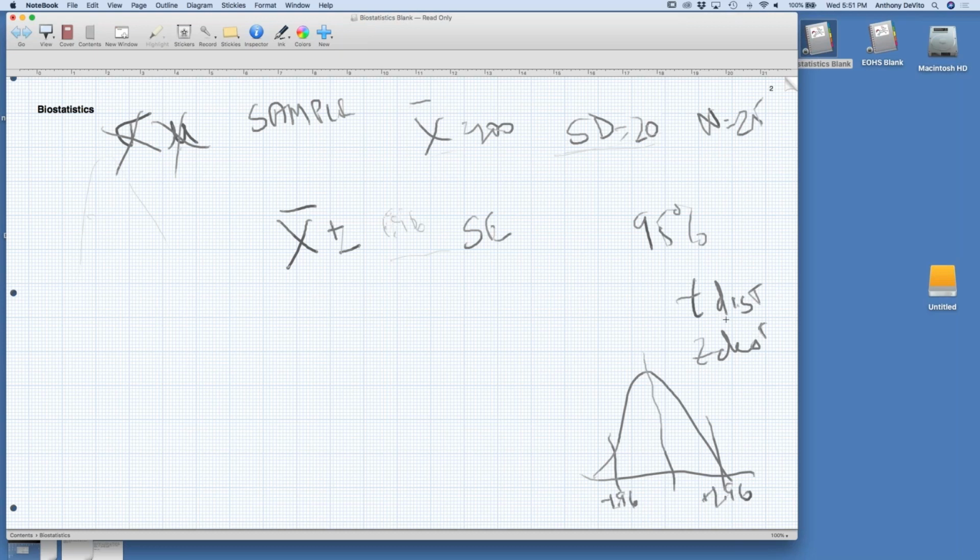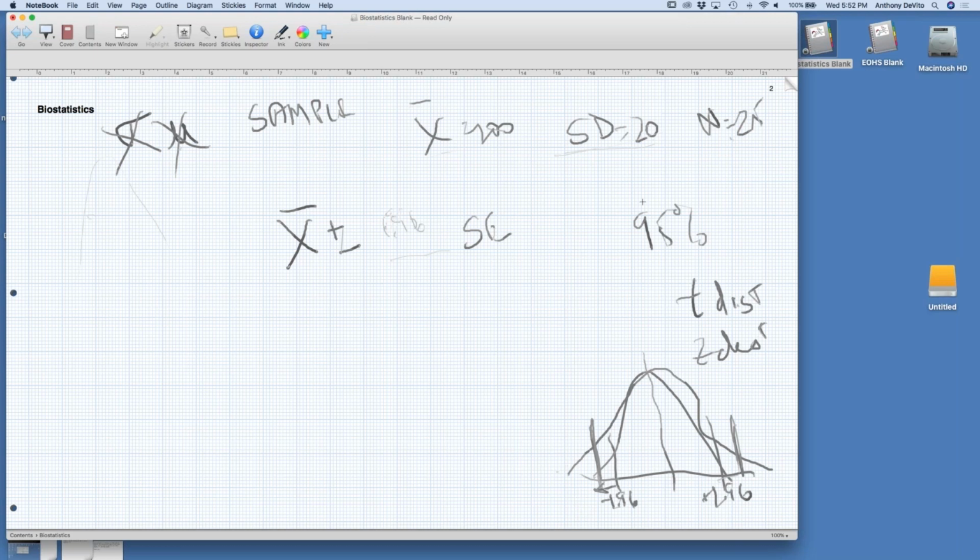With a t distribution, depending on the sample size, we have more uncertainty. So our t distribution for a sample size of 25 might look something like this. It's more spread out. So 95% might be a bit further out from 1.96. It might be 2.1, might be 2.2. We need to reference the t-table to figure out what it is.